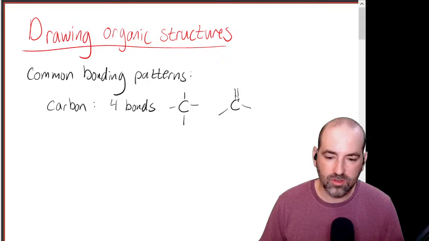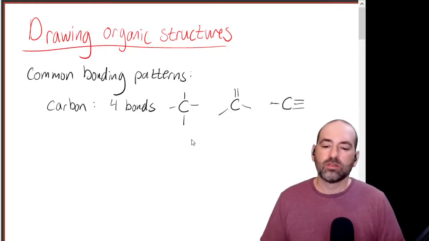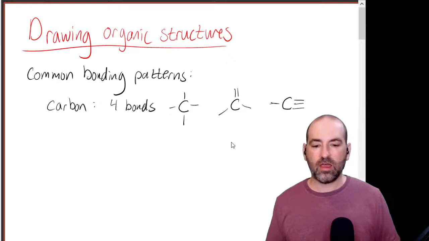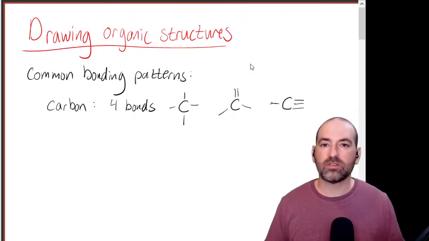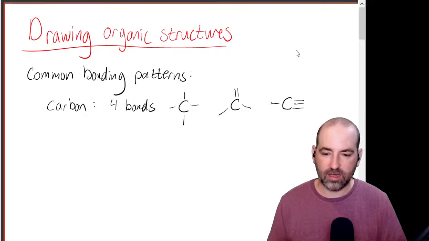So it could have 2 bonds going to one atom and then 1 to each other one. Or it could even have 3 to 1 and then 1 to another, or 2 and 2 in some rare cases as well. So this is just saying this is commonly how carbon atoms bond. So if you see a molecular formula like C4H8, you can say, all right, I've got 4 carbons, and here's how I'm going to connect them up. And we'll practice that in a second.